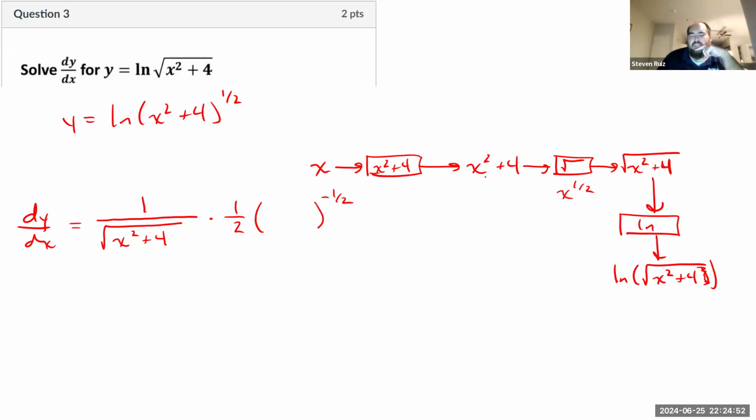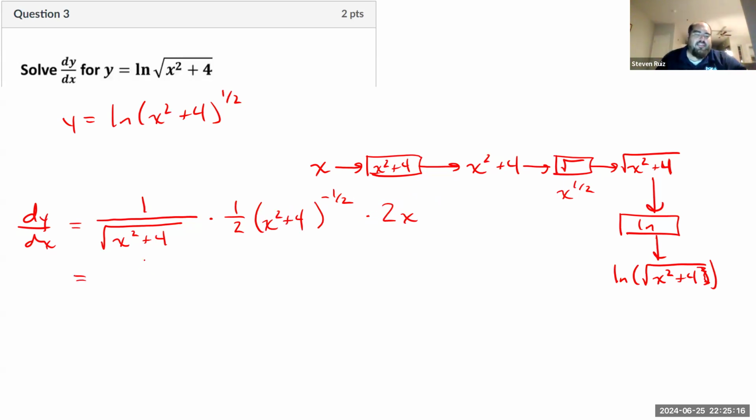Well, I have to respect whatever the input was to that function. In this case, it was x squared plus 4. So x squared plus 4. And then finally, what is the derivative of our innermost function, x squared plus 4? That is simply 2x. That comes from power rule. So this is our derivative. We are done now. We did 3 different layers.